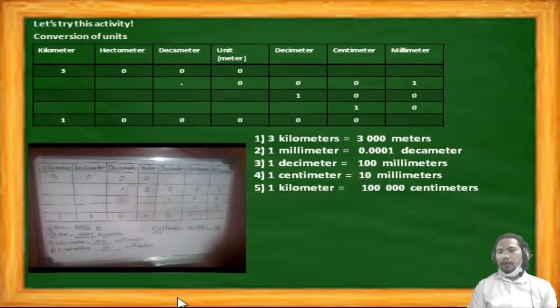Number 4, 1 centimeter is equal to 10 millimeters. And number 5, 1 kilometer is equal to 100,000 centimeters. Congratulations to those who are answering and getting the correct answers.